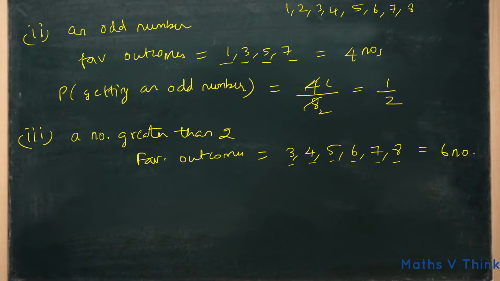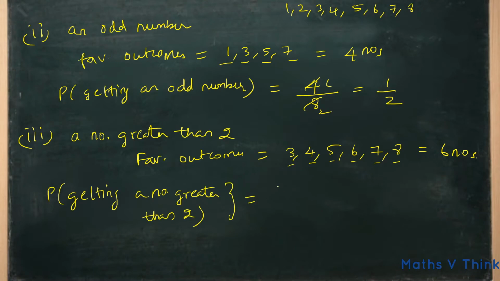So 6 in number. So probability of getting a number greater than 2 is equal to, so favorable outcome is 6, 6 divided by total number of outcomes, which is 8. So 6 divided by 8. 2 3s are 6, 2 4s are 8, which is equal to 3 by 4.